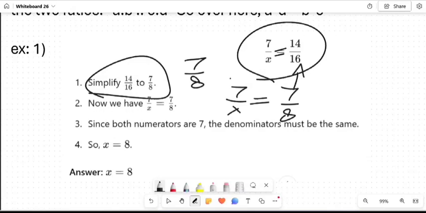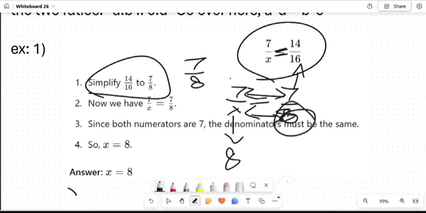The sign is equal and the numerators are equal, so shall be the denominators. As 8 is the denominator over here, x shall also be 8. So x equals 8.